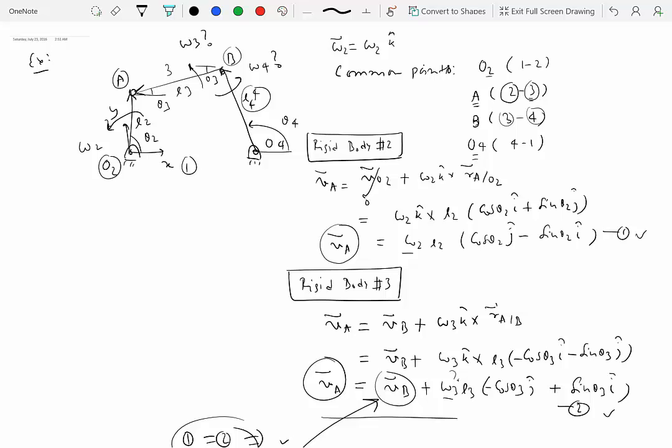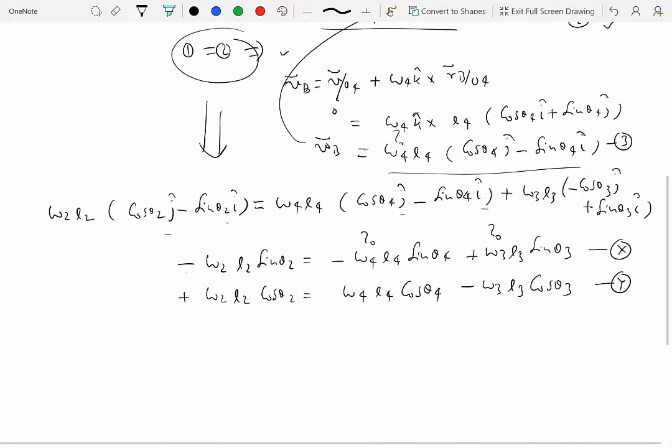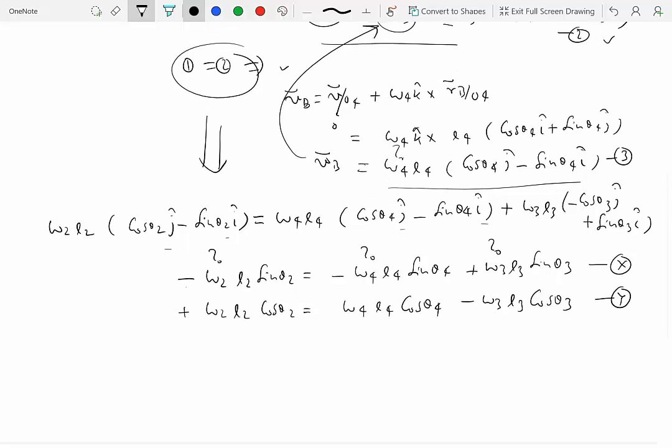Now, it doesn't matter what is given to you as an input. If you look at this x and y equation, I don't care which of these three numbers are given to us, omega 2, omega 3, and omega 4. I could be given omega 2 and solve for omega 3 and omega 4. I could be given omega 3, I could solve for the other two angular velocities, and so on, right? Because this is just an equation involving all these variables.